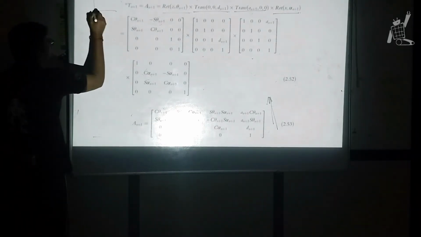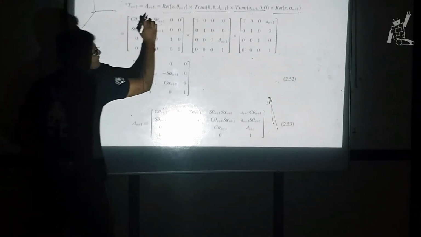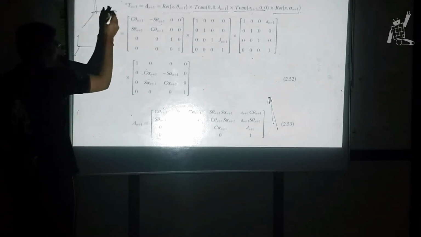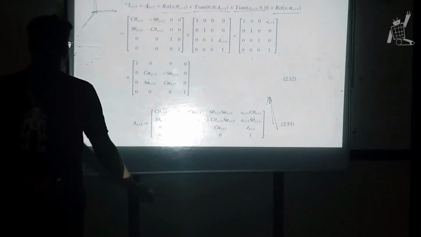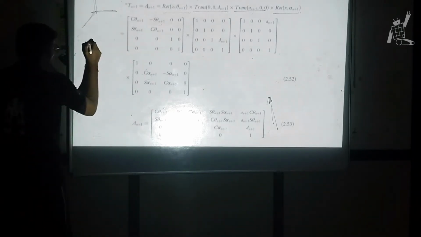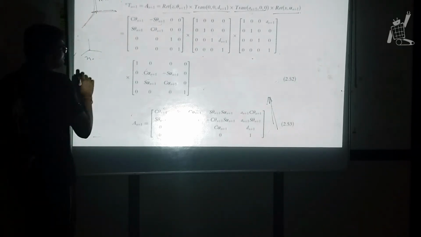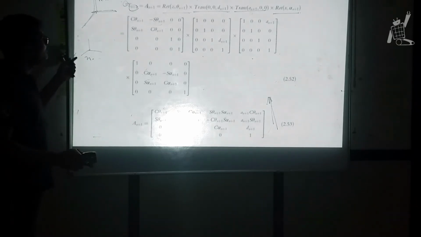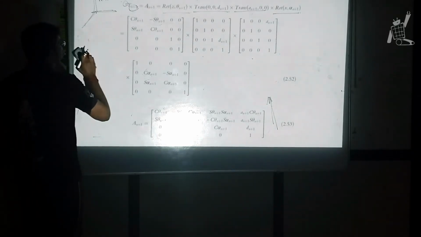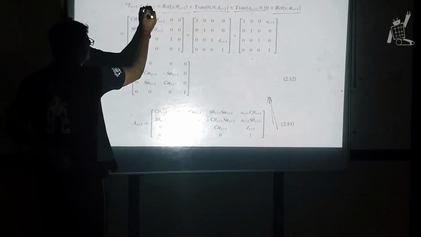That means if there is one frame, initially it was like this. After doing all this transformation, it got aligned completely like this. So that is represented, if the smaller frame is n and this is the n plus 1 frame, the transformation from n to n plus 1 is represented by A n plus 1.